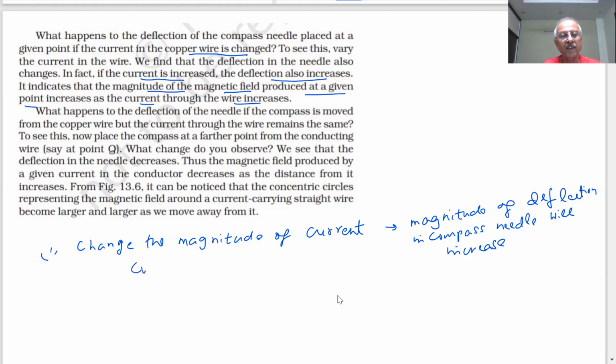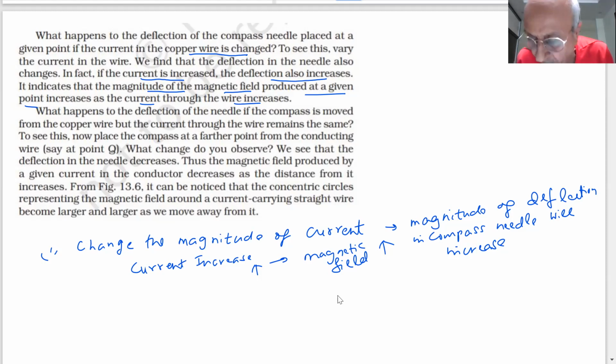So if you increase the current, then the magnetic field will also increase. Current increases, magnetic field also increases. It's a very important point. Note it down, students. This question can be asked in the paper, and has been asked. What happens to the magnetic field? Current increases, it also increases.